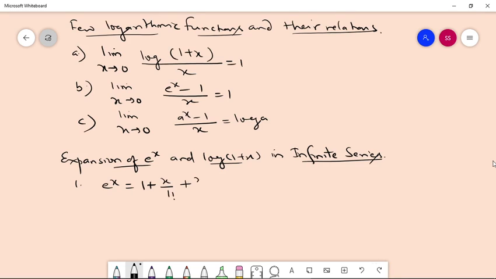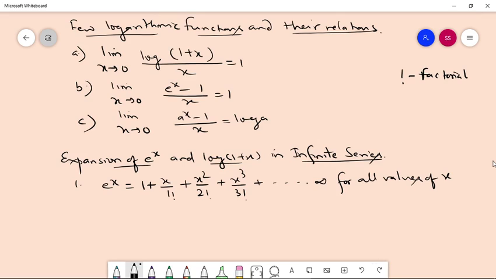Now you may not have understood factorial; we will discuss it later. For now, just remember the pattern: plus x squared by 2 factorial plus x cubed by 3 factorial plus, and we will be discussing for all values of x. Factorial means, for example, 2 factorial is 2 times 1, 3 factorial is 3 times 2 times 1.